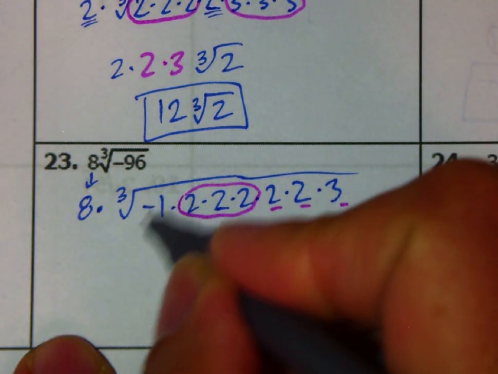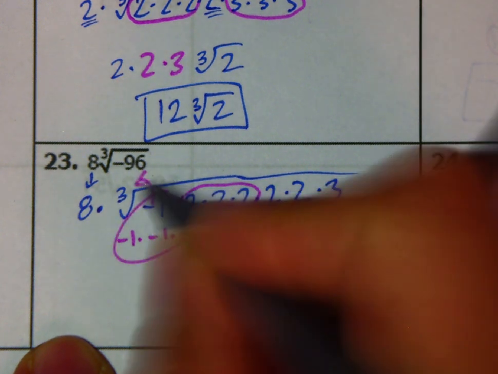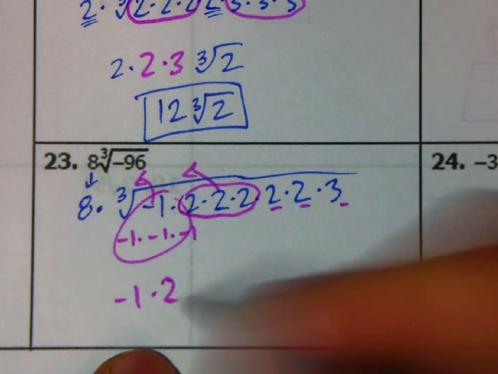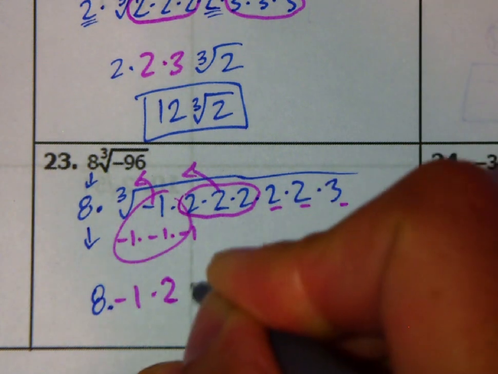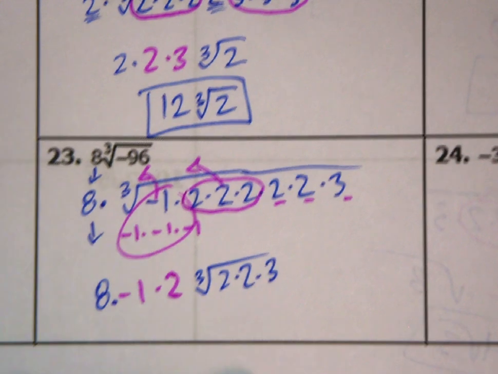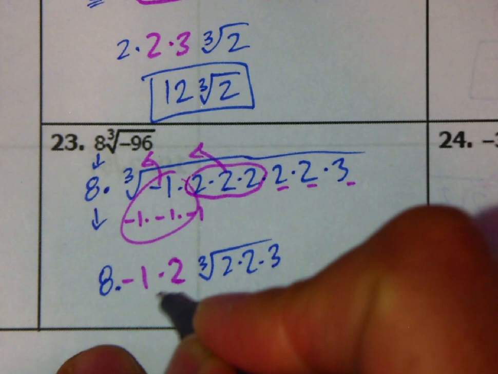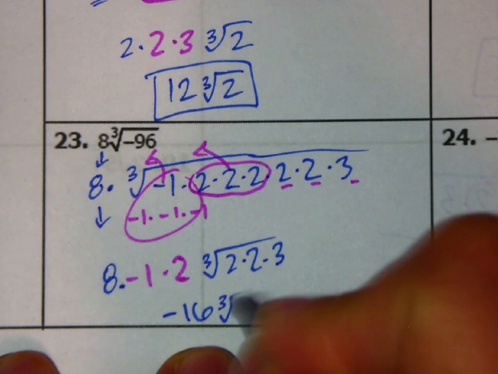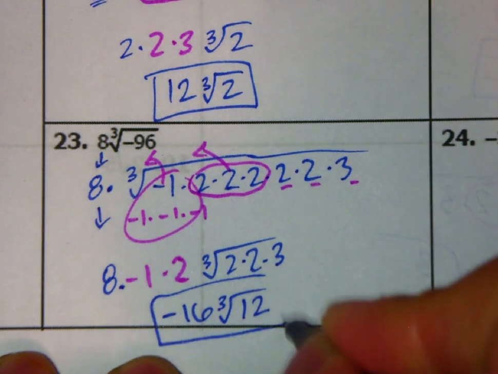But then also remember, negative 1 is negative 1 times negative 1 times negative 1. So also that one comes out. So negative 1 comes out, 2 comes out, and you already have the 8 in the front, and then you have the cube root of 2 times 2 times 3. So to simplify this, we're going to do 8 times negative 1, which is negative 8, times 2, that's negative 16, and then you're going to simplify 2 times 2, which is 4, 4 times 3 is 12, and then that's the answer for that.